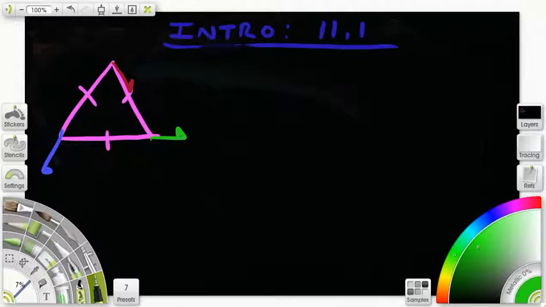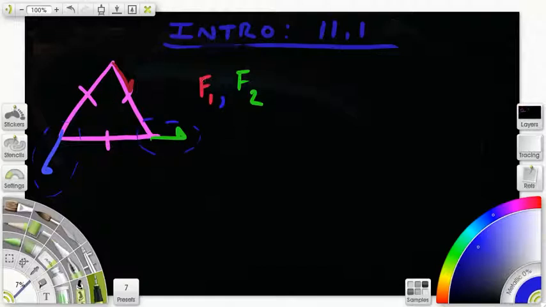Okay, so it says two forces F1 and F2 on two sides of an equilateral triangle. So it's right here and here.